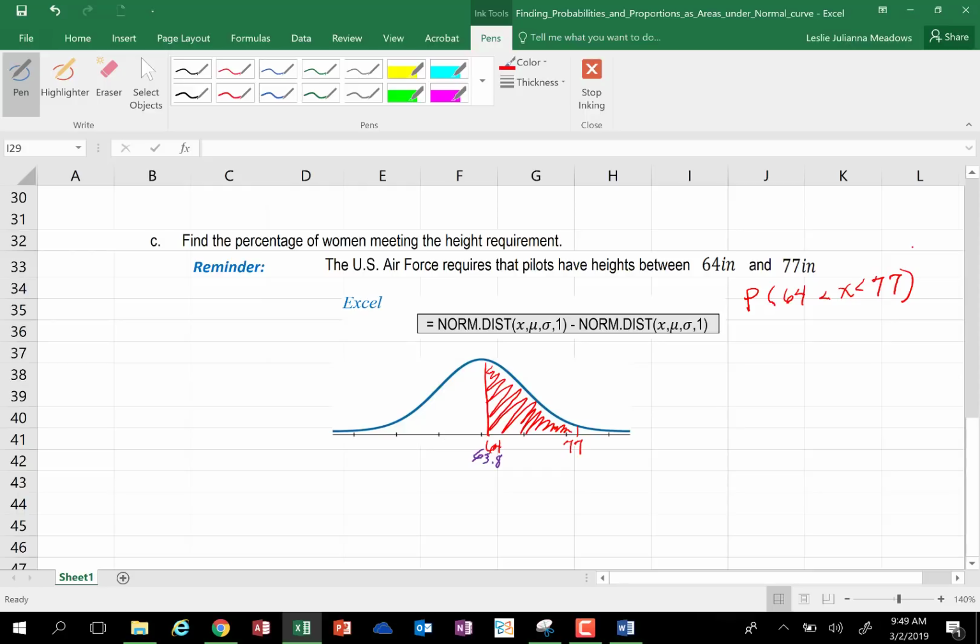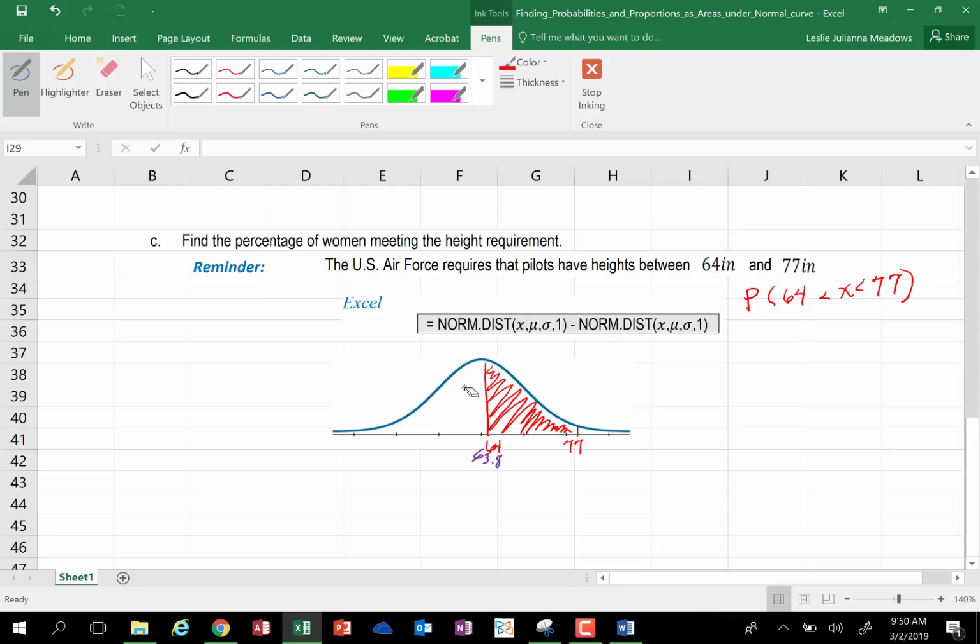Once again, we can use our knowledge about the areas under the curve in order to manipulate that. If we know the area to the left of 77, and we subtract the area to the left of 64, then we are left with the area in between 64 and 77.